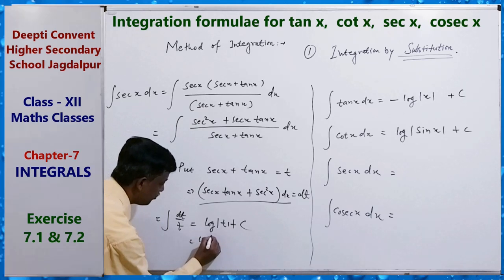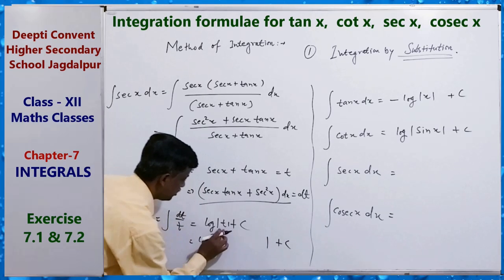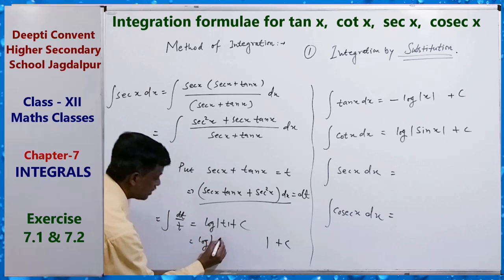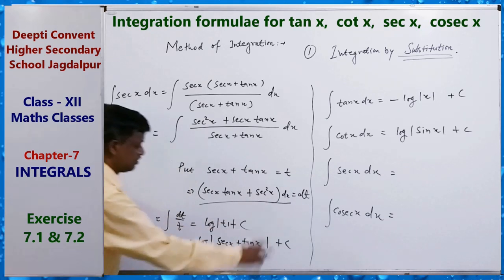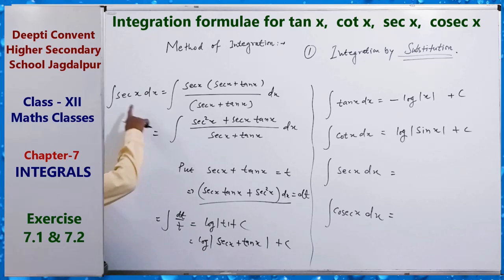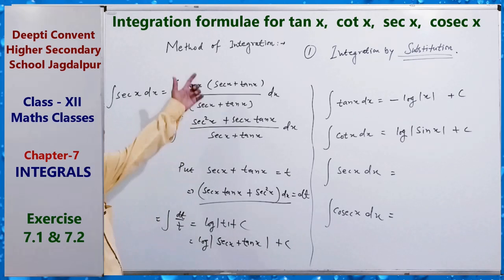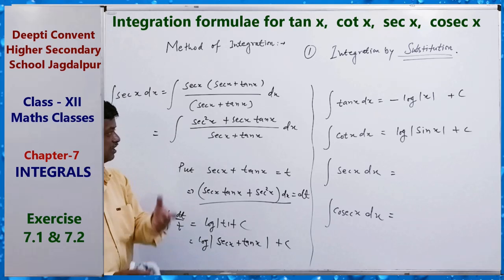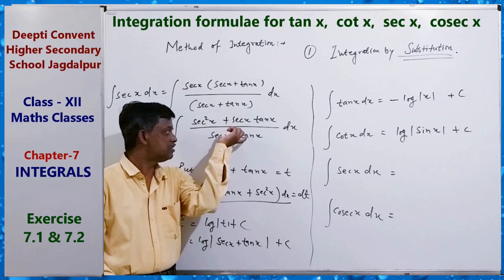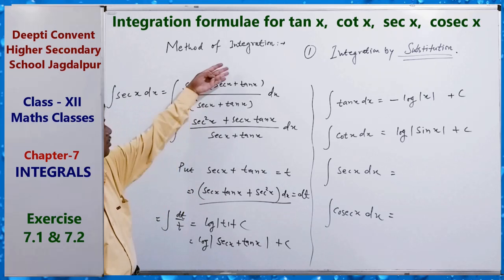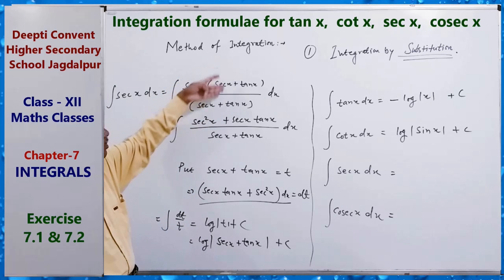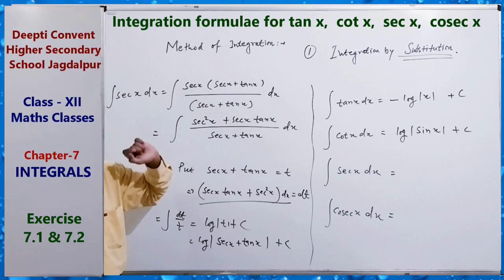Log of mod of t means sec x plus tan x. So its value is log mod sec x plus tan x. We are converting in such a way that if we put this equals to t, then its derivative is present here. That's why we are multiplying numerator and denominator by this sec x plus tan x.